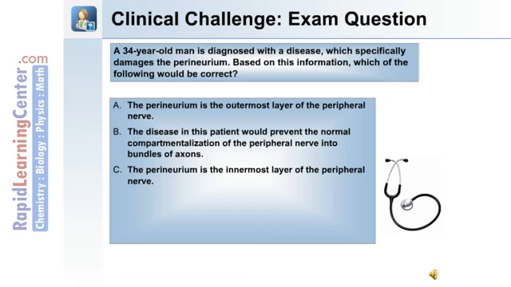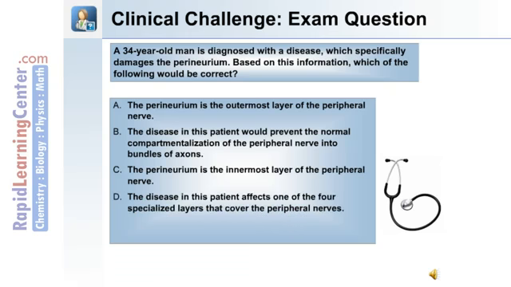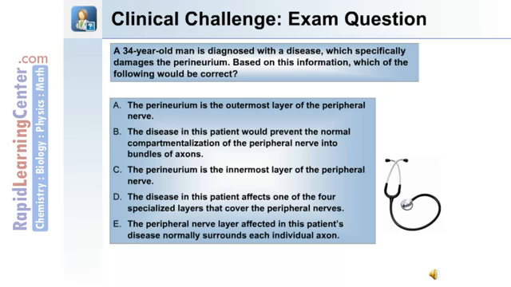C. The perineurium is the innermost layer of the peripheral nerve. D. The disease in this patient affects one of the 4 specialized layers that cover the peripheral nerves. Or E. The peripheral nerve layer affected in this patient's disease normally surrounds each individual axon.